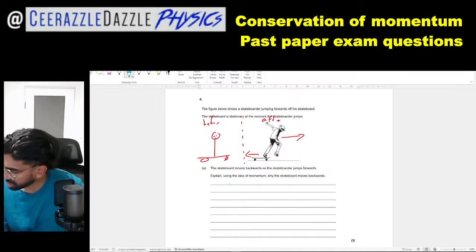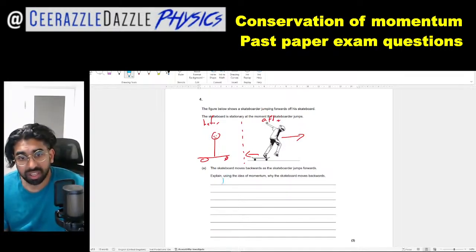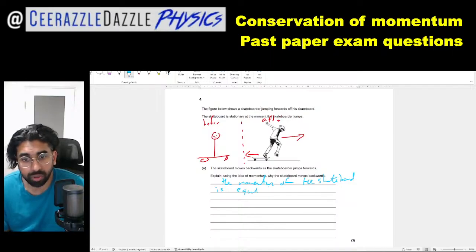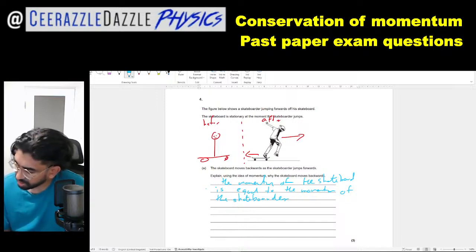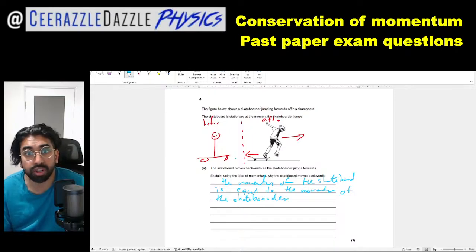So first of all, using the idea of momentum, we need to recognize that the momentum of the skateboard is equal to the momentum of the skateboarder. That's going to be the key thing at the start. So before he actually jumped, what was the total momentum?